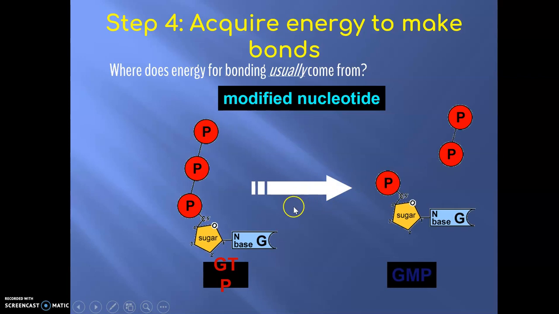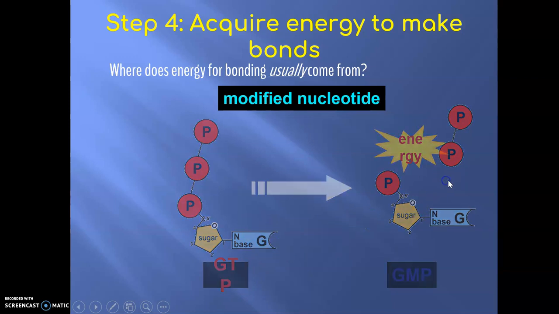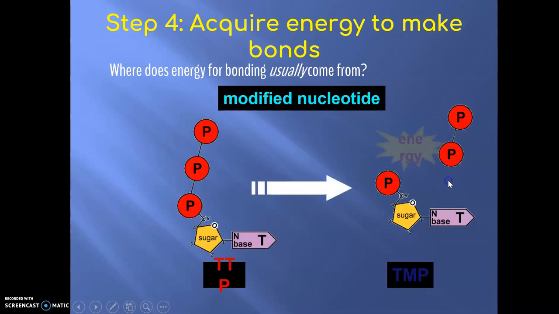Now here, instead of ATP, we have GTP because it is the base G, guanine. So the actual energy form would be GMP. T would be TTP, TMP, and C would be CTP, CMP.